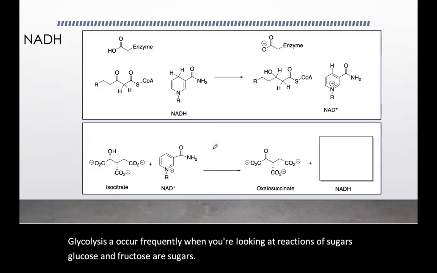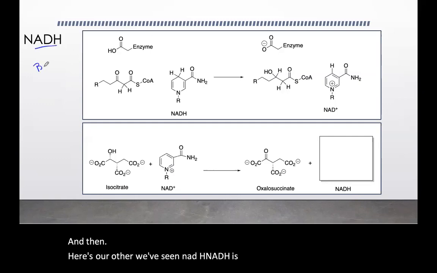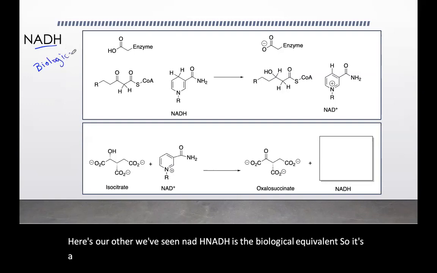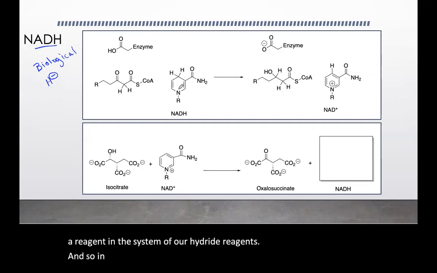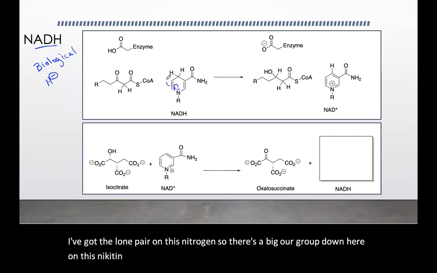And then here's our other, and we've seen NADH. NADH is the biological equivalent, so it's a reagent in the system of our hydride reagents. And so in this case, I've got the lone pair on this nitrogen, so there's a big R group down here on this nicotinamide group, but this is the part that's reactive.